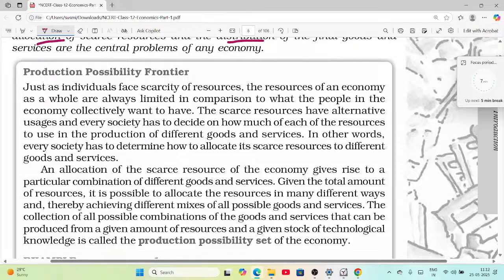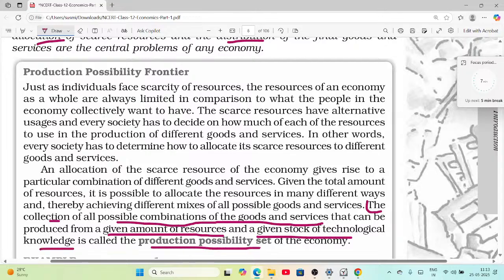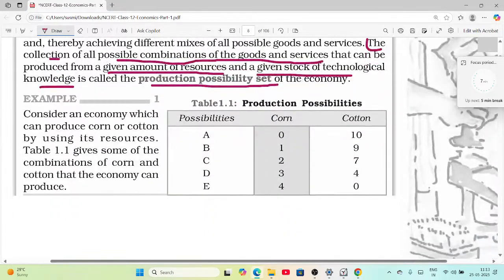This is important: the collection of all the possible combinations of goods and services that can be produced from a given amount of resources and a given stock of technological knowledge is called the production possibility set of the economy.